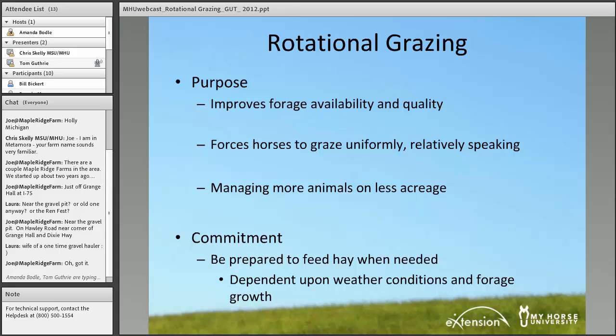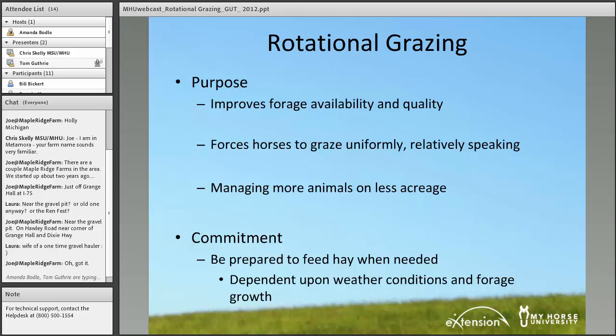The purpose for rotational grazing, there are really three of them that I could think of, and they are to improve forage availability and quality. Okay, so we want something available, and the quality of that within our pasture. It forces horses to graze uniformly, relatively speaking.